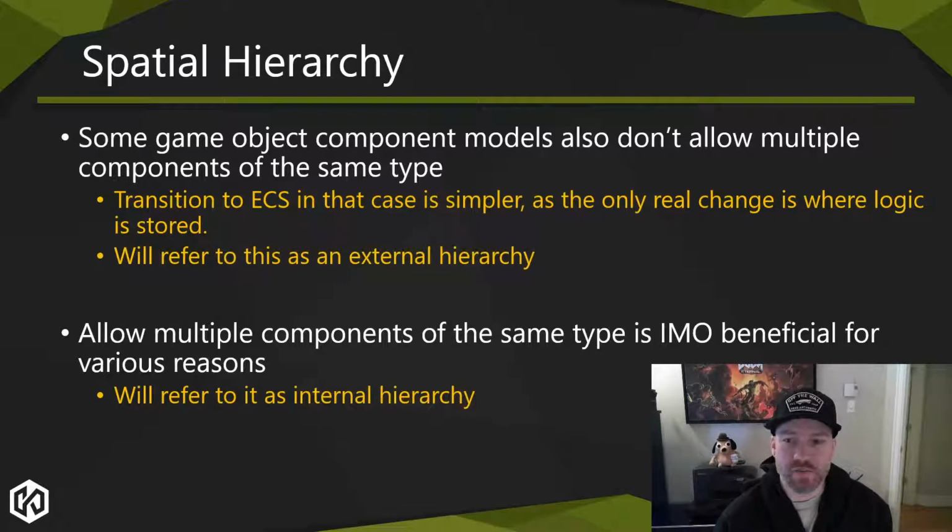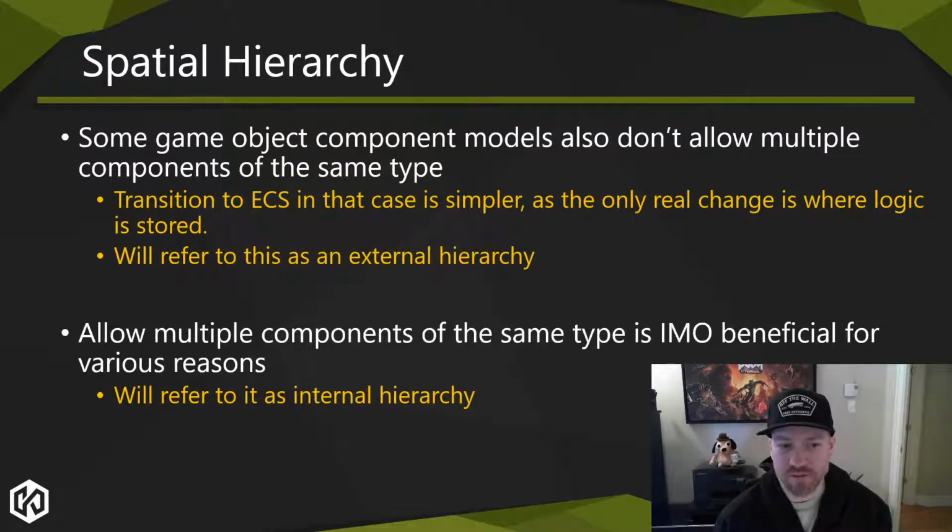If you are coming from an engine where you do have that limitation, switching to an ECS is trivial, because all you're doing is moving the logic from the components into the systems, fundamentally. Most of your concepts and the way you work map cleaner. And maybe that's why for a lot of people, the ECS is less of a massive paradigm shift than it was to me, for example.